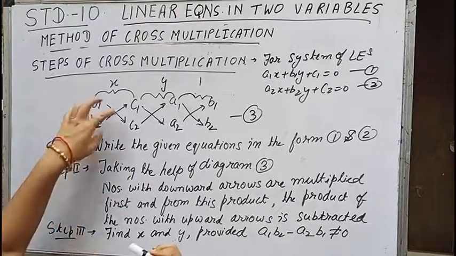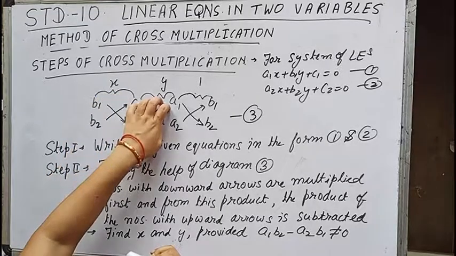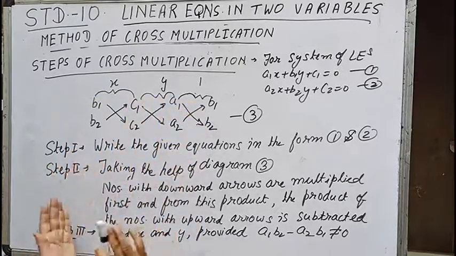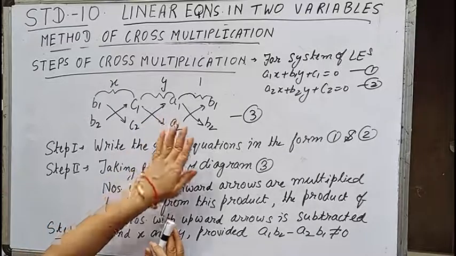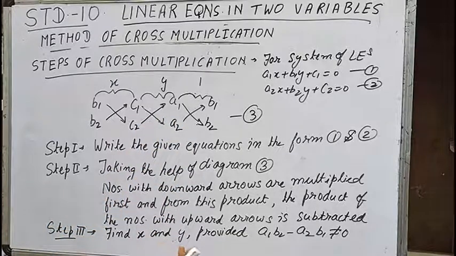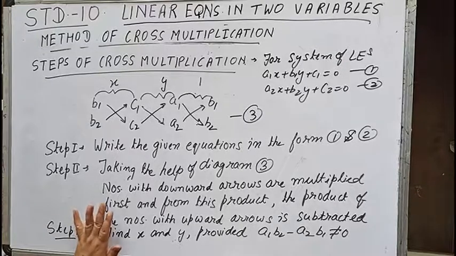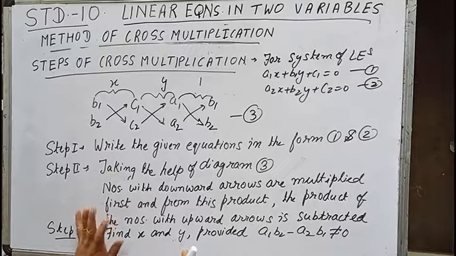And then we get the term under x, similarly the term under y and the term under 1. And then from equations 1, 3 and equations 2, 3, we get the values of x and y. So finally we find x and y, provided a1 b2 minus of a2 b1 should not be equal to 0, because in this case if the denominator becomes 0, the values of x and y will not be defined. So let us proceed with some examples.